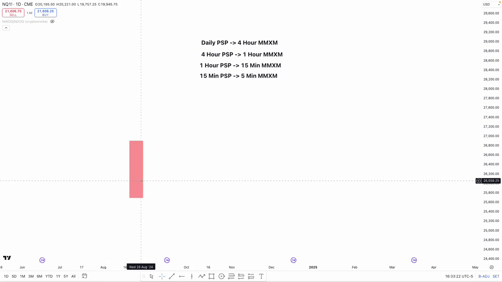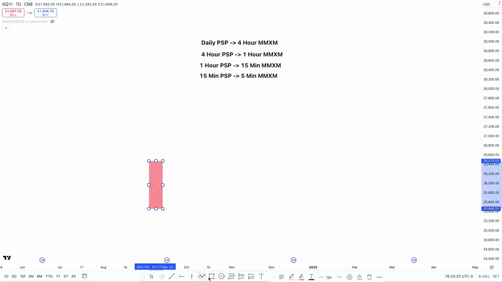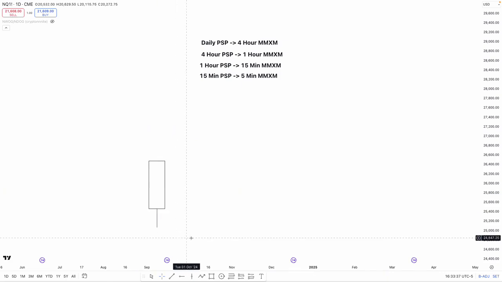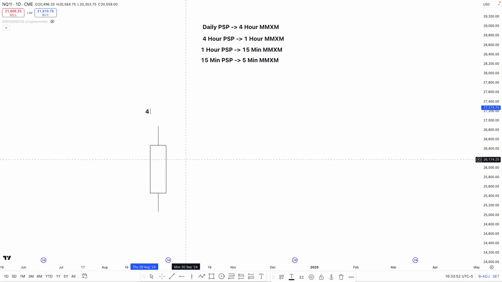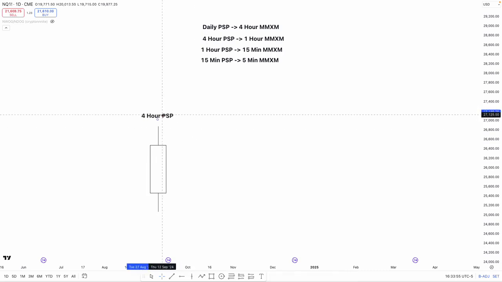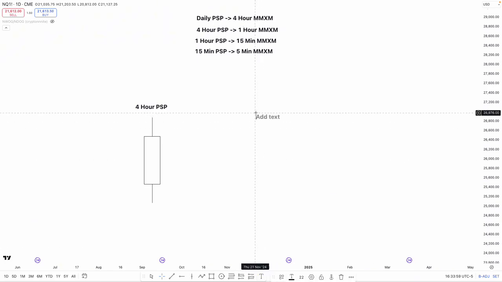If we have a precision swing point here, if we have a candle, so if this is a bullish or a bearish PSP, and this is the 4-hour time frame, for example, we could look for a 1-hour market maker sell model.